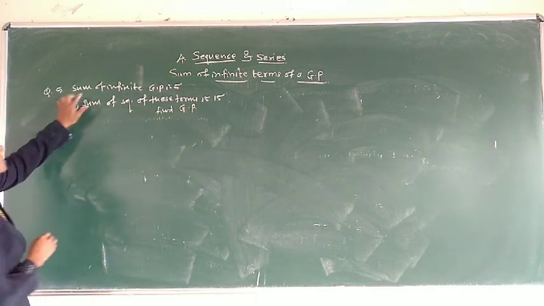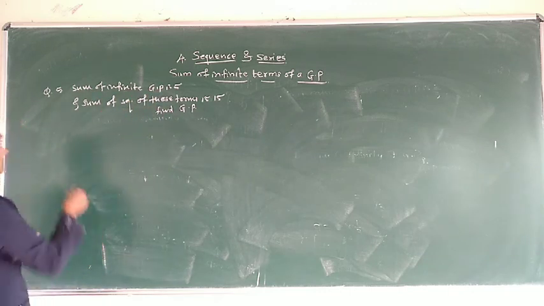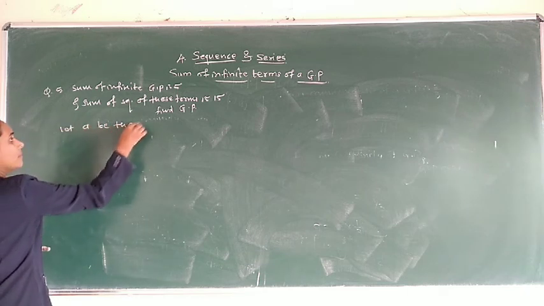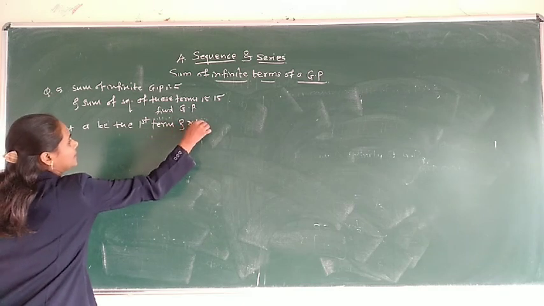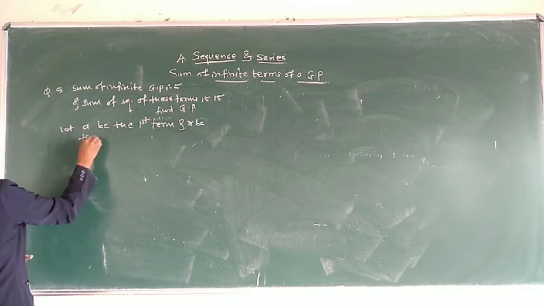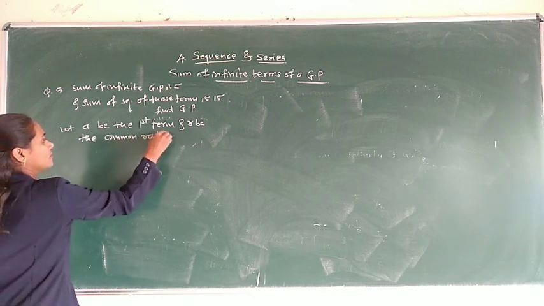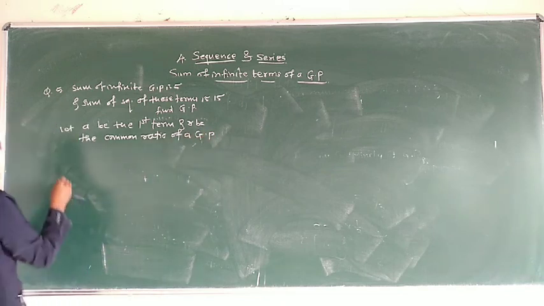Now see, the sum of the infinite GP is 5. Let A be the first term and R be the common ratio of the GP. So what is the sequence?